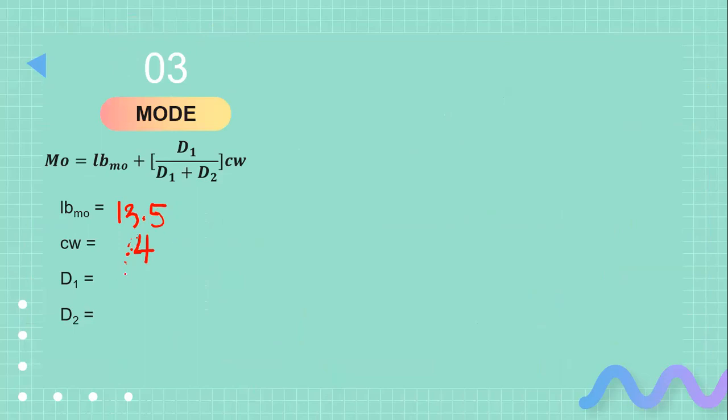For D1 is our, okay, 11. Then D2 is 10, okay? Now, let's substitute class. Ato na i-substitute. So, MO is equal to, LBMO is our third, oh wait.